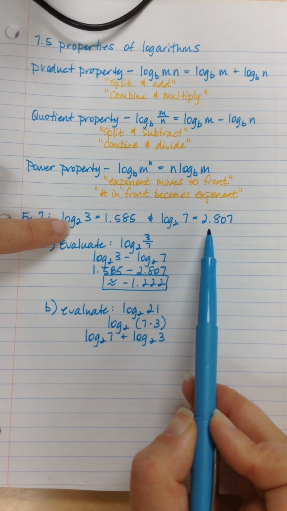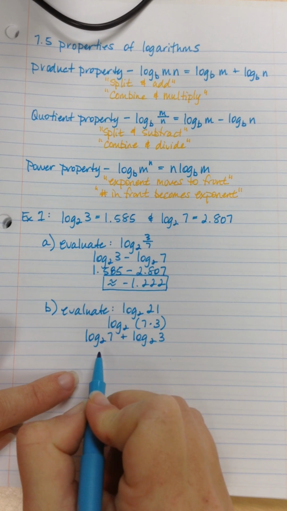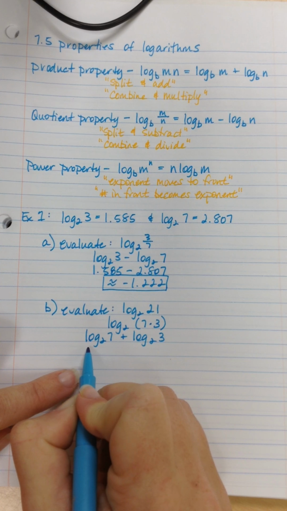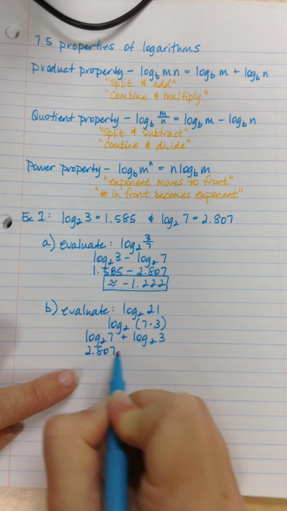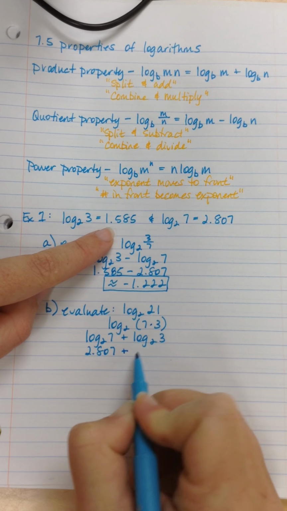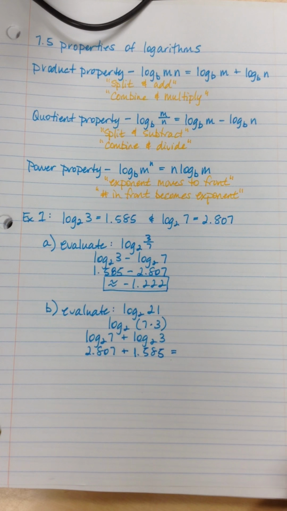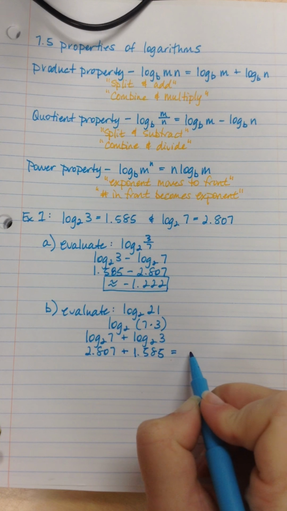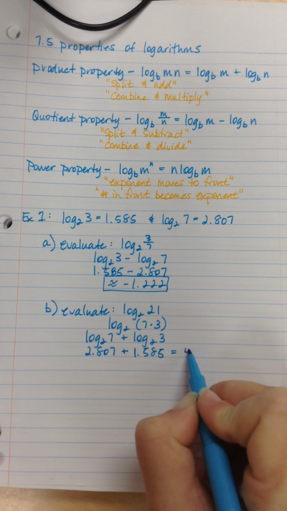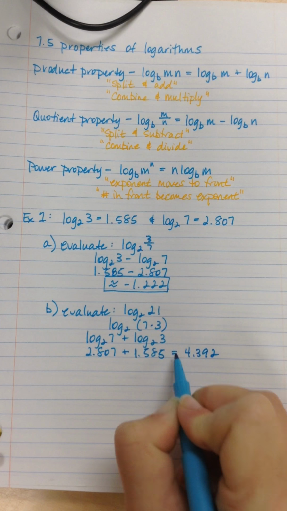We know what log base 2 of 3 and 7 is, so we're just going to substitute those in. So basically, log base 2 of 7 is 2.807, and we're going to add that to the log base 2 of 3, which is 1.585. Plugging that into your calculator, you get approximately 4.392.